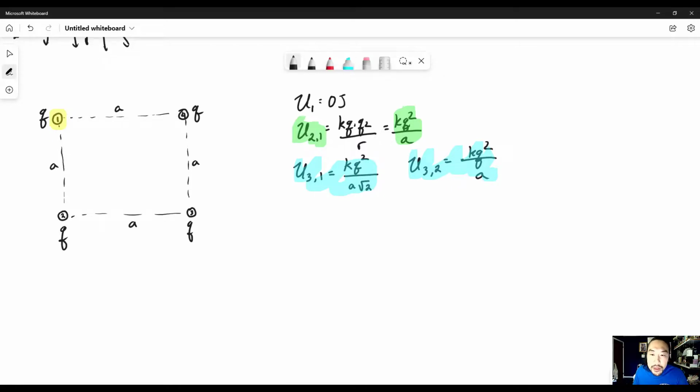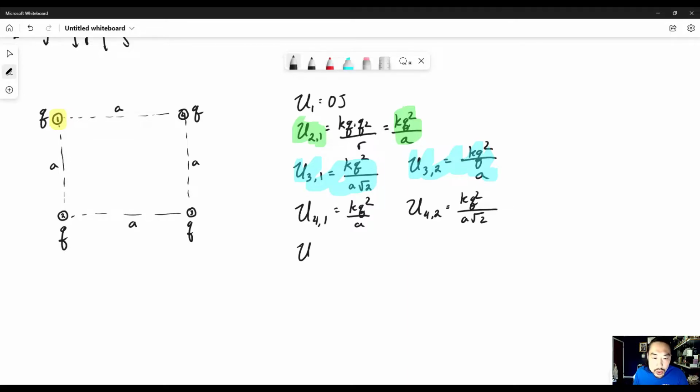All right, and the last one that we have left is charge 4: we're moving charge 4 against charge 1, against charge 2, and against charge 3. Let's just do that in numerical order. We have charge 4 against 1, and that'll give us KQ squared over A. We have charge 4 against charge 2, and remember, we have the diagonal there, so that'll be KQ squared over A root 2.